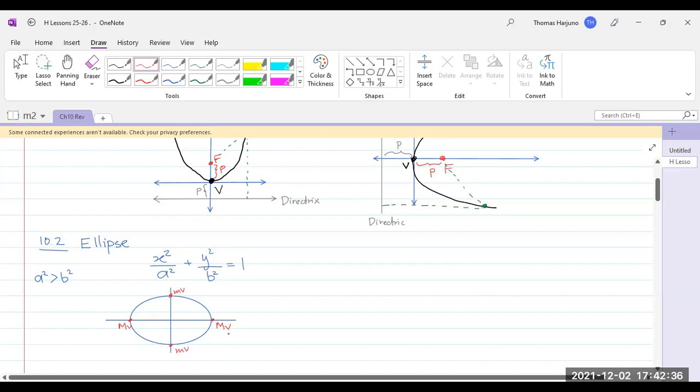Some textbooks use capital V and lowercase v to represent major and minor vertices respectively, but I think we will use capital MV for major vertex and lowercase mv for minor vertex.